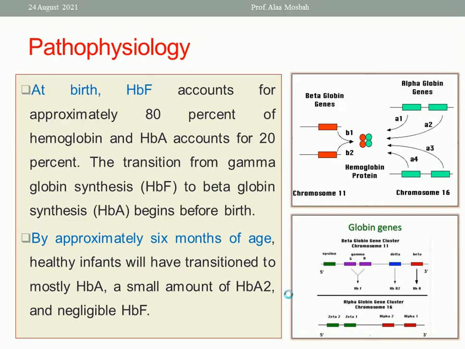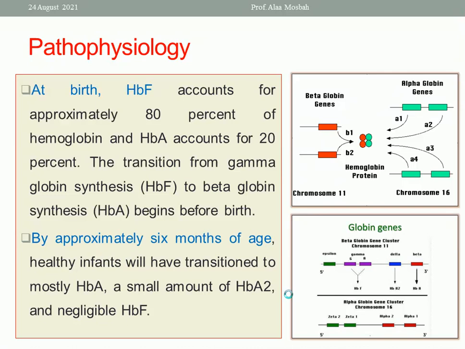At birth, hemoglobin F accounts for 80% of hemoglobin, and hemoglobin A accounts for the remaining 20%. The transition from gamma globin synthesis, which is a part of hemoglobin F, to beta globin synthesis, which forms hemoglobin A, begins before birth.